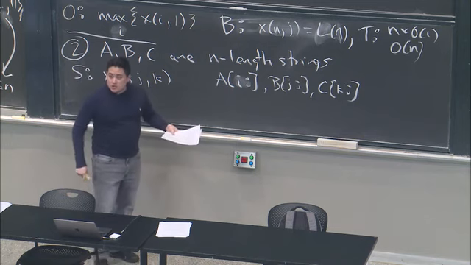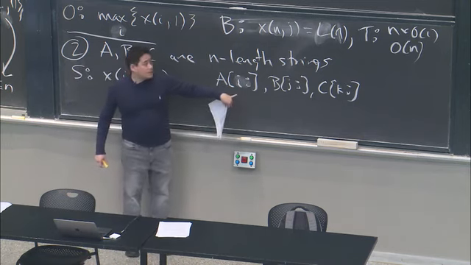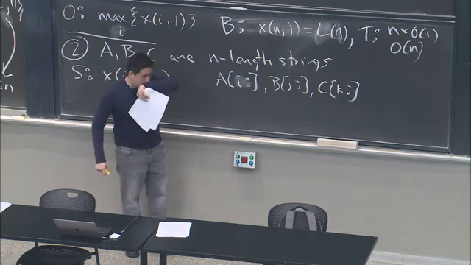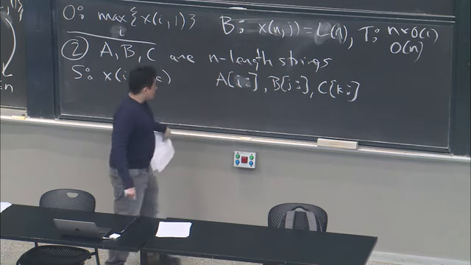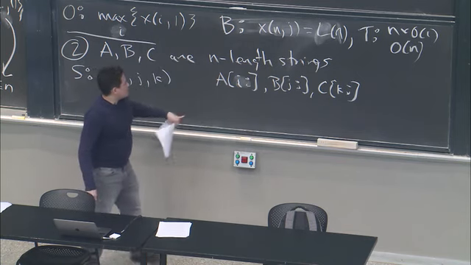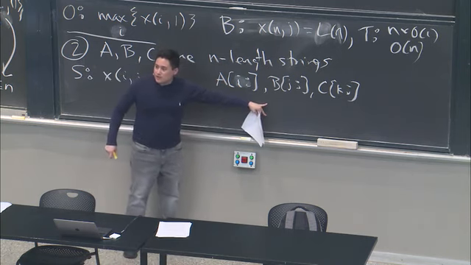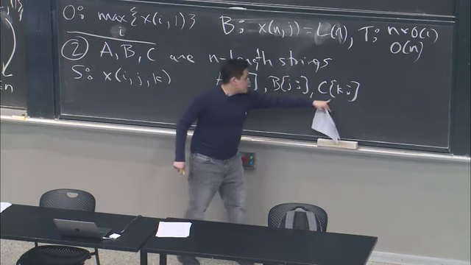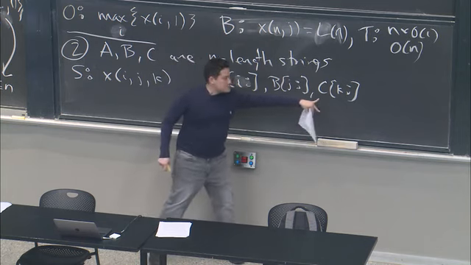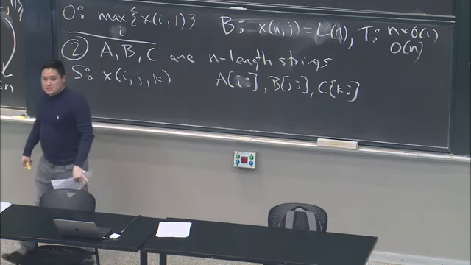Right? So in a sense, let's see, how can I do this? I need to match all of C, but I also need to make sure I'm using exactly n over 2 characters from C in B, and exactly n over 2 characters from C in A. Does that make sense?